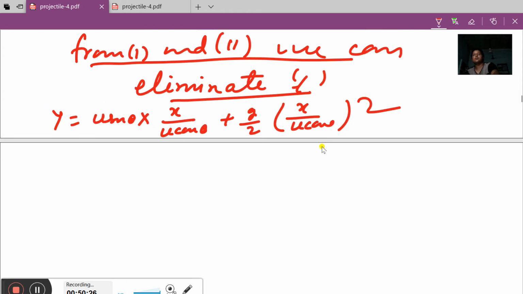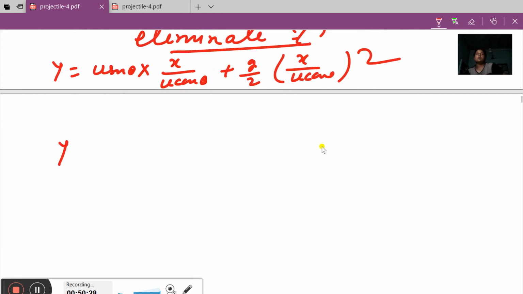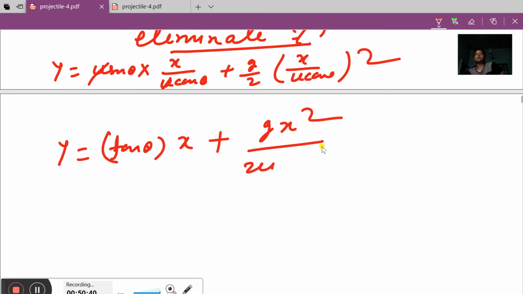So y comes out to be, u gets cancelled, tan theta into x plus g x square over 2u square cos square theta.